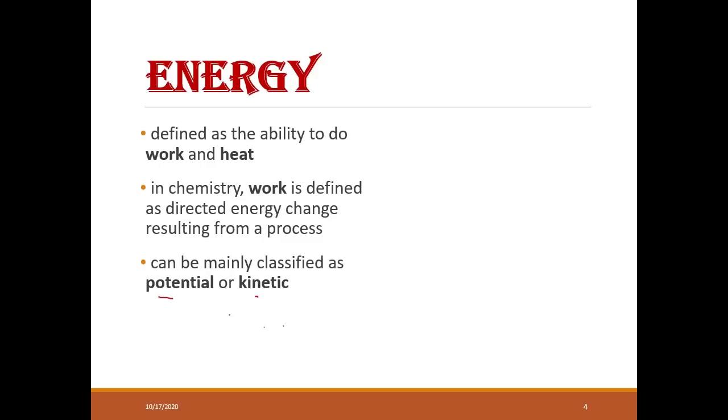Molecules moving in space all have kinetic energy. However, any object that is lifted from its resting position has stored energy. It is called potential energy because it has a potential to do work when released.